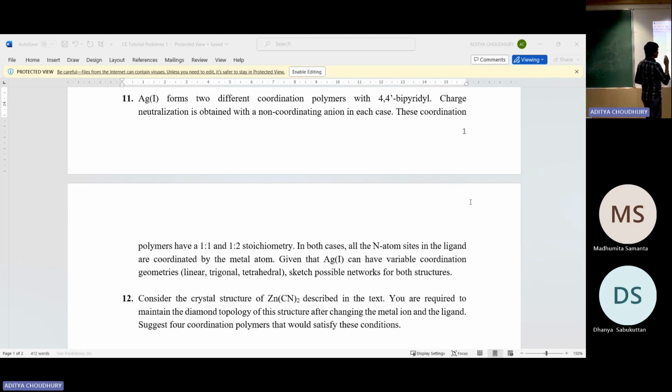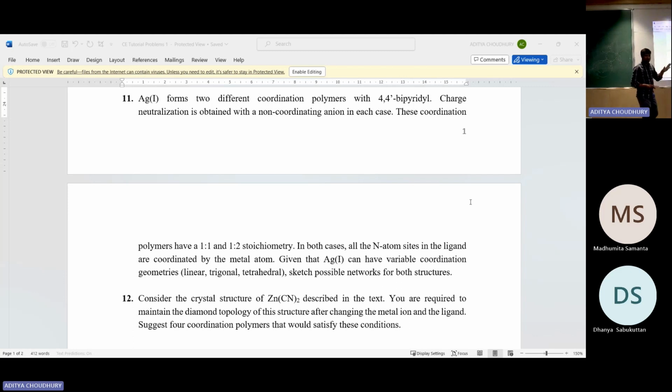The coordination polymers have 1:1 and 1:2 stoichiometries. In both cases, all the nitrogen sites in the ligand are coordinated by the metal atom. Given that silver can have variable coordination geometries such as linear, trigonal, and tetrahedral, sketch the possible network structures for both compounds.